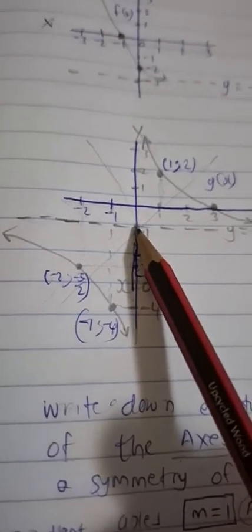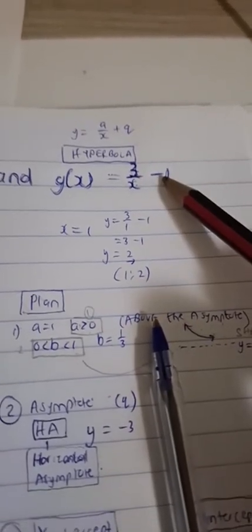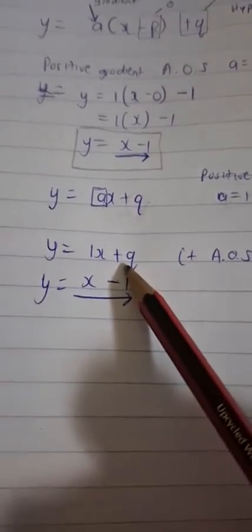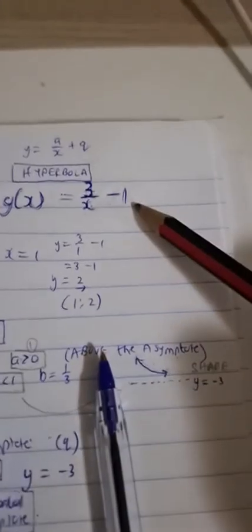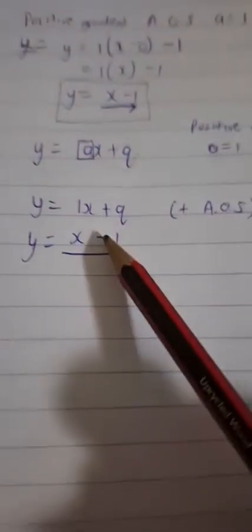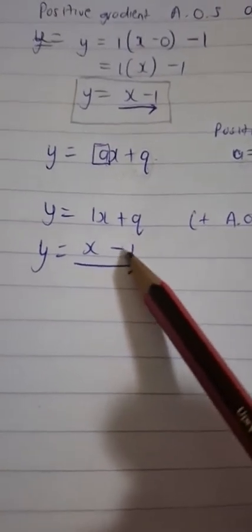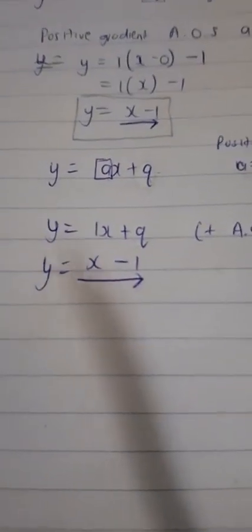Therefore, the q value of the hyperbola, which is the horizontal asymptote value, will be the q value of the axis of symmetry. So q is going to be -1. Hopefully it makes sense.